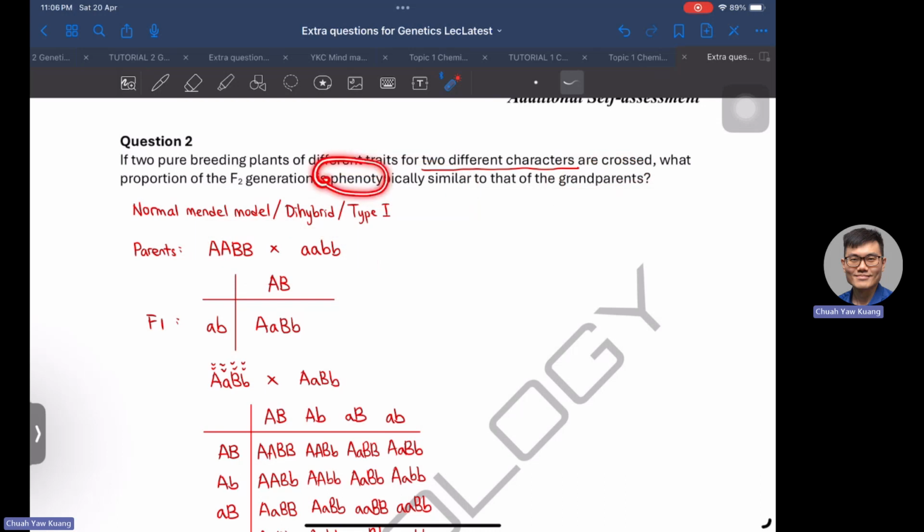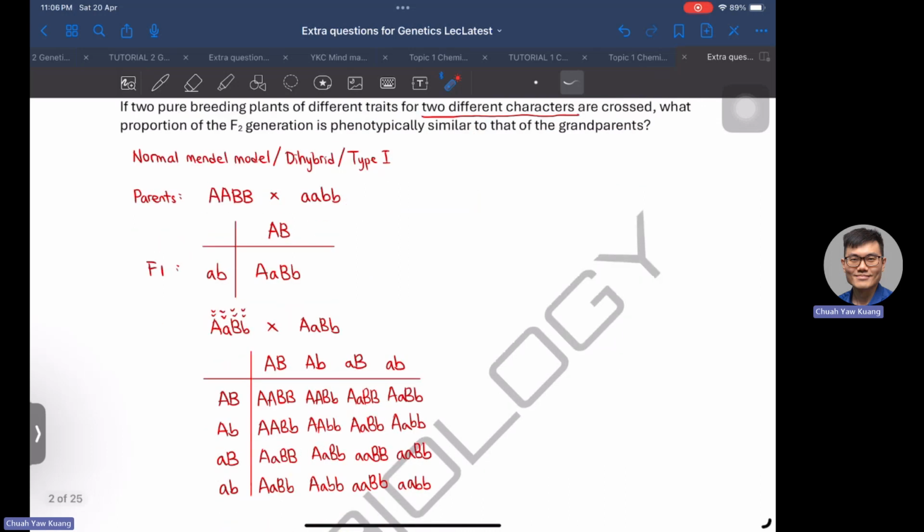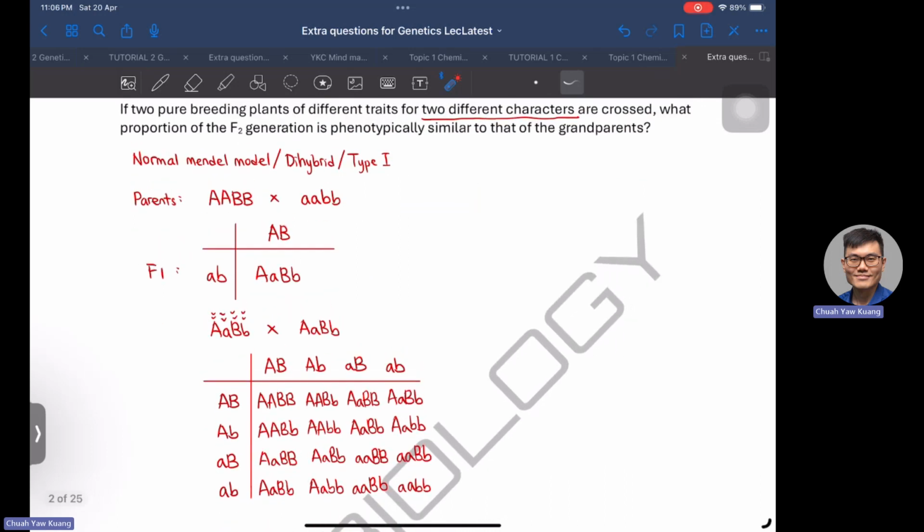To find the phenotype that is similar, you must find those with at least one big A and one big B, and those that are homozygous recessive. We have to look one by one. First, find those with at least one dominant A and one dominant B, because these are the individuals that will be phenotypically similar to this grandparent.